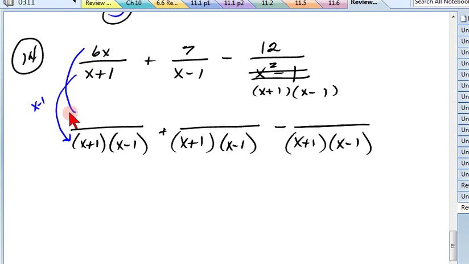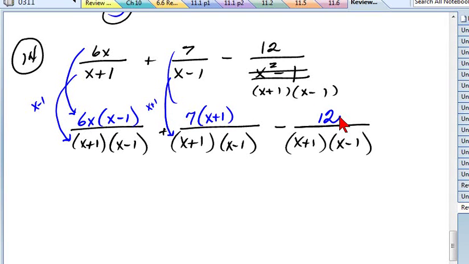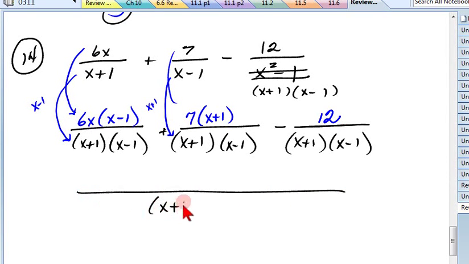So I'll multiply the top by that, and I'll get 6x times x minus 1. Next one, what's the new factor? x plus 1. So I'll multiply 7 times x plus 1. And in the last one, there's no change, so there's no change. Okay. One denominator of x plus 1 times x minus 1.